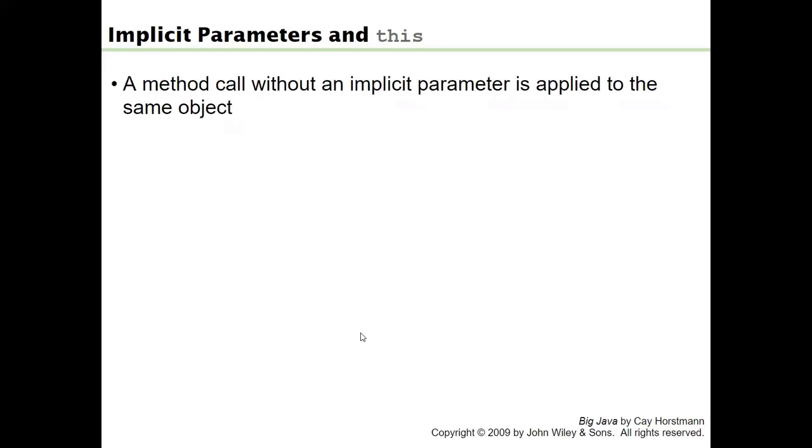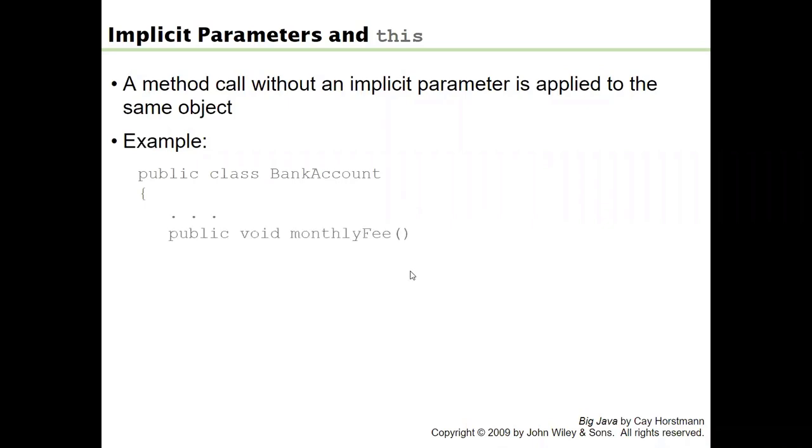A method call without an implicit parameter is applied to the same object. For example, here we have a bank account class. Say you want to charge a monthly fee like banks like to do. My bank says if you don't have $1,000 in your checking account, we're going to charge you $8 a month.